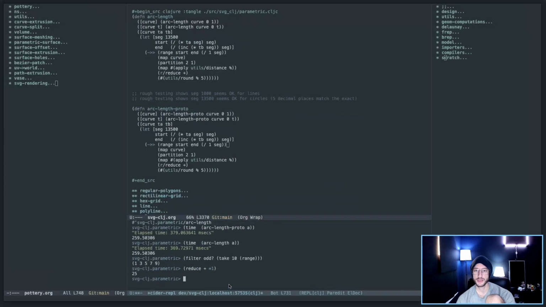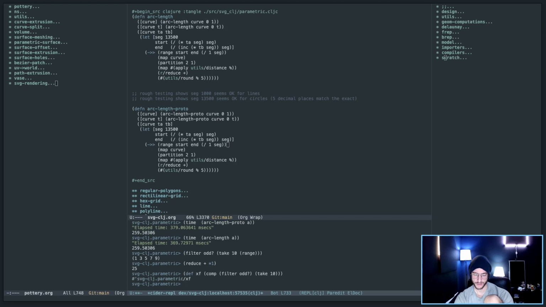Oh, comp. This returns a function filter odd, I guess, and so does take 10. That should work, right?